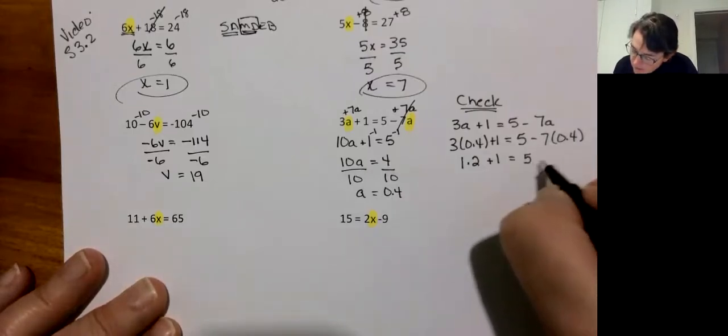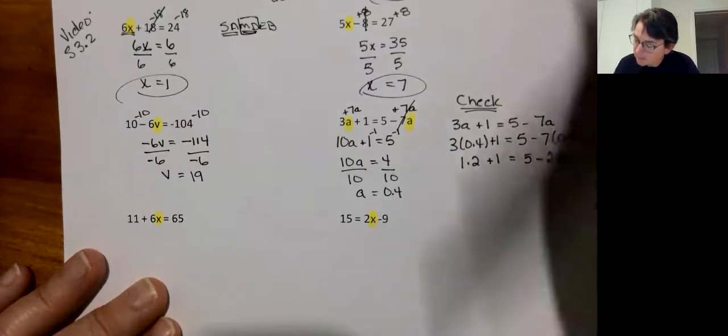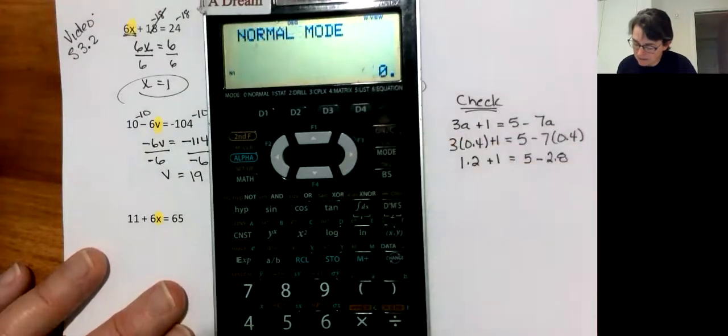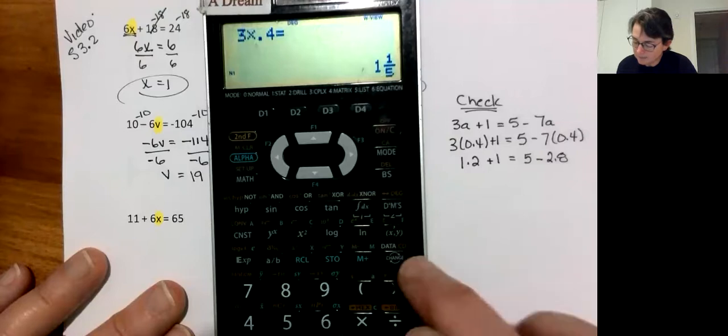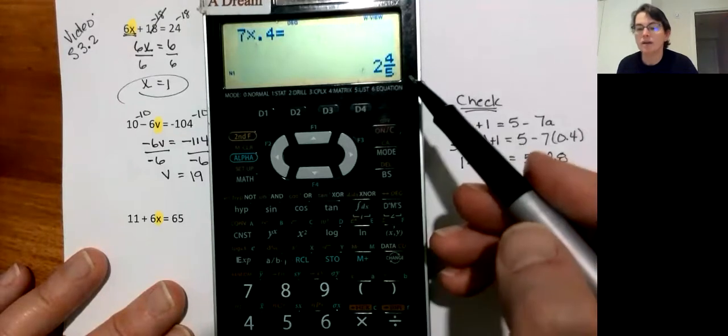So we've got 5 minus 2.8. I don't want to make a mistake on this. So 3 times 0.4 is 1.2, and 7 times 0.4. Now, this is just my word calculator.